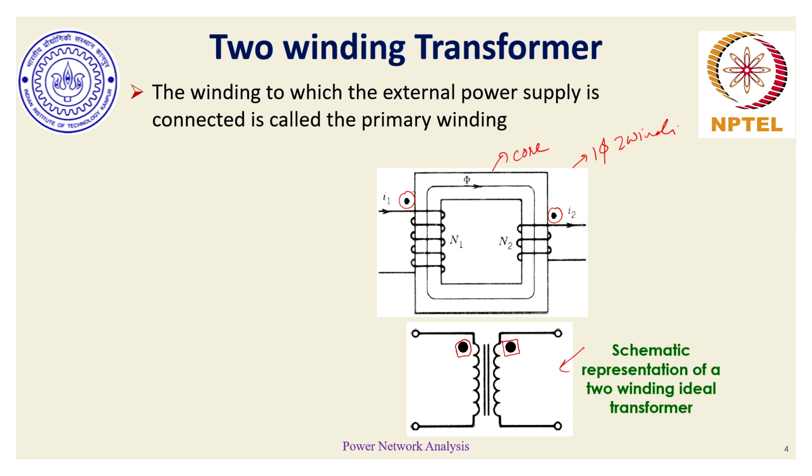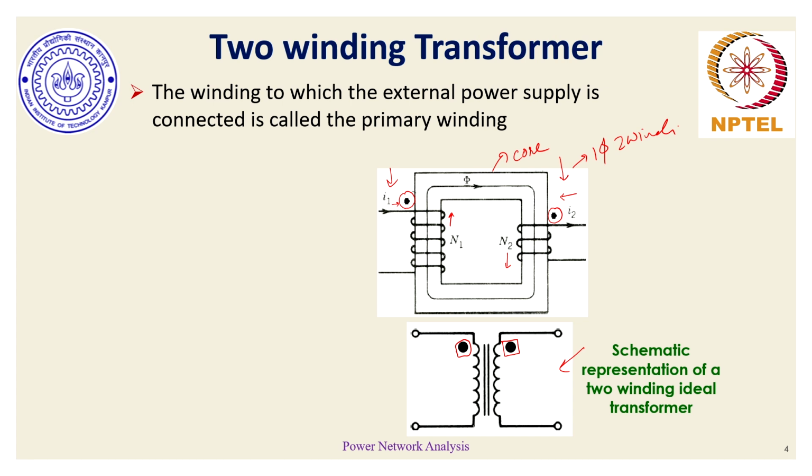To summarize what these dot polarities mean: if currents were to enter these dot markings, so let's say on this particular side the current I1 is entering this dot through this winding, and similarly, if current were also to enter this dot on the N2 number of turns side, then both these currents would generate flux in this core that is additive.